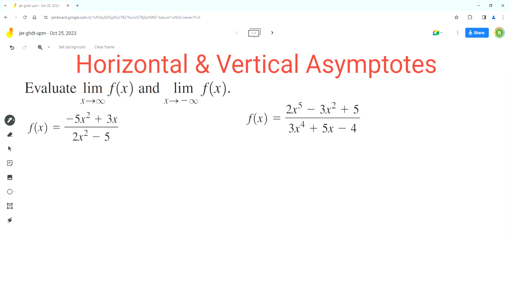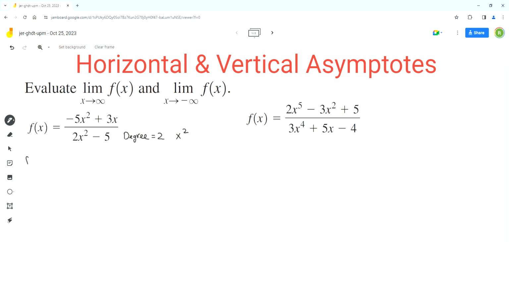The degree of the denominator is 2, the highest power on x in the denominator. That means we have to divide each term in the numerator and the denominator by x raised to the degree of the denominator, which is 2. So we should divide each term by x squared.